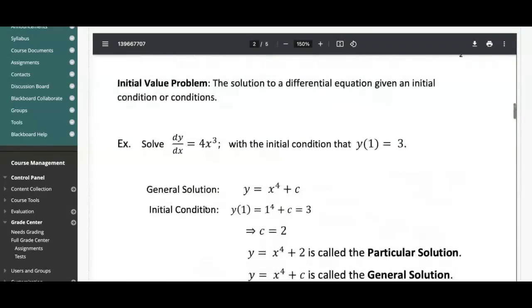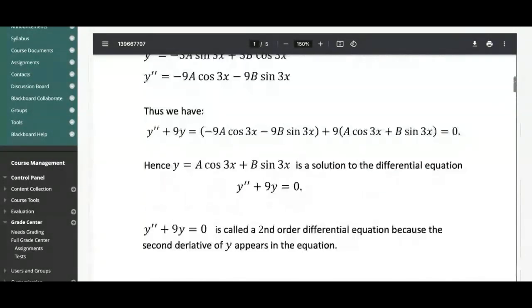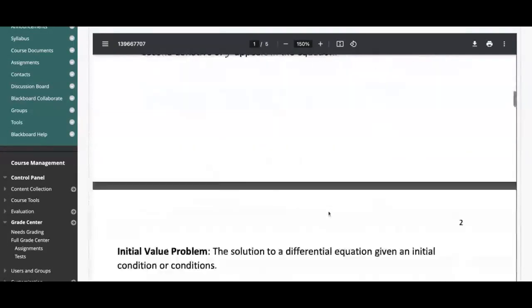Yeah. You see also from this one, the second derivative, we can move negative y to the other side. So we see y double prime equals negative 9y. In that case, g of x is negative 9y. It's just a representation for the function g of x.